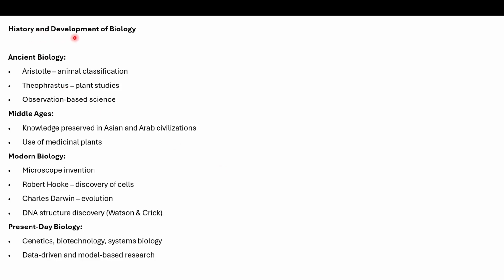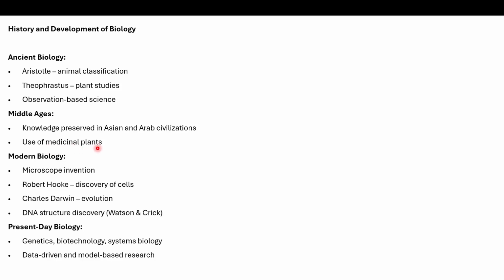So if we talk about the history and development of biology, in ancient biology, Aristotle classified animals, and Theophrastus was also known as the father of plant biology, the father of botany. Mostly, ancient biology was observation based science. Now, if we come towards the Middle Ages, the knowledge was preserved in Asian and Arab civilizations.